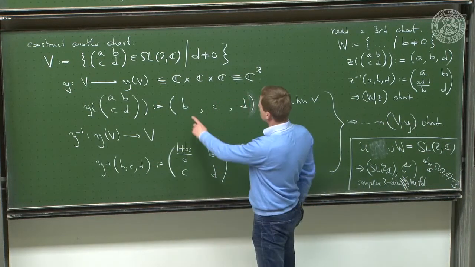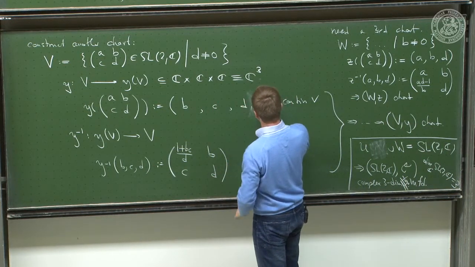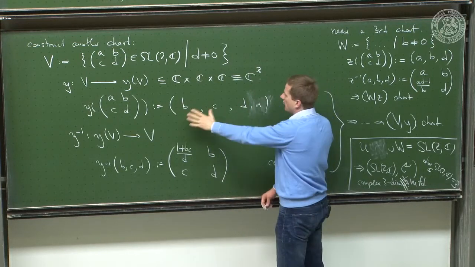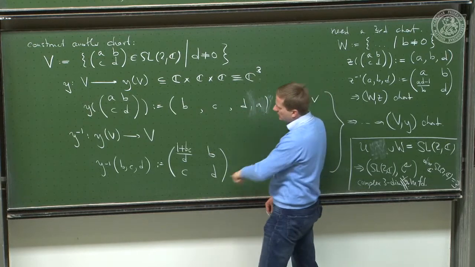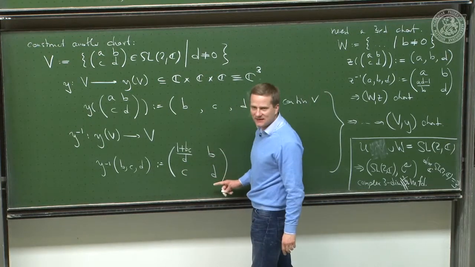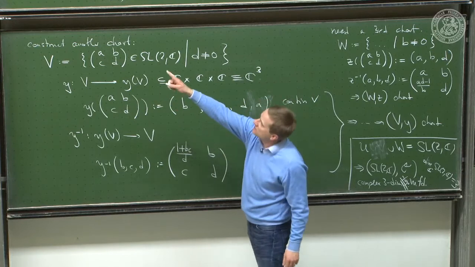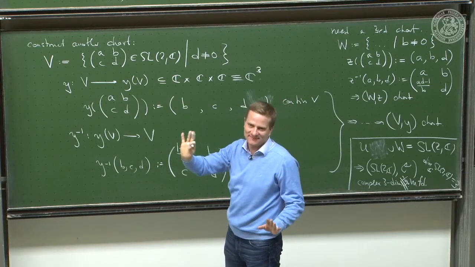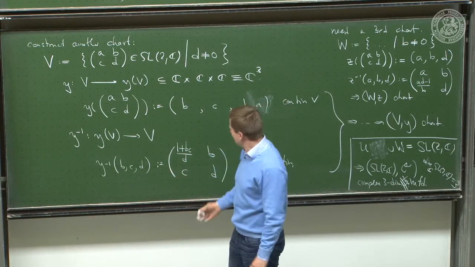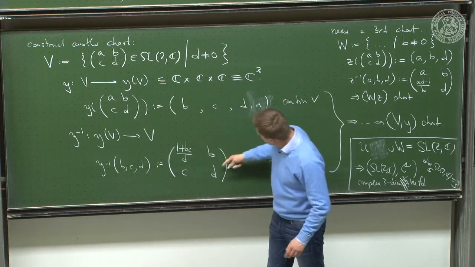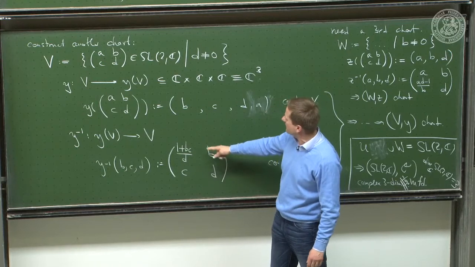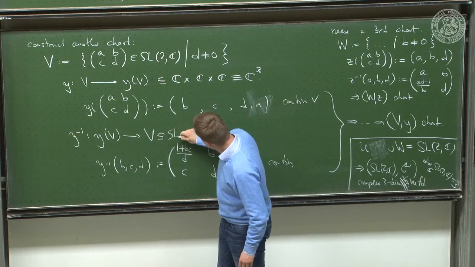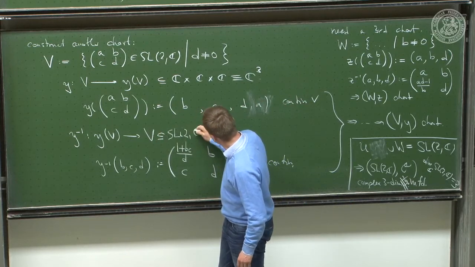You see, if I can choose B, C, D, and A independently, that's the idea. If you're in C4, they're all independent. And then you can go back and you can construct A, B, C, D, but then you do not land in SL2C. You land in C4. So in principle, once you did this, you have to check whether you are in SL2C, because you're claiming you go back to V, and V is a subset of SL2C.